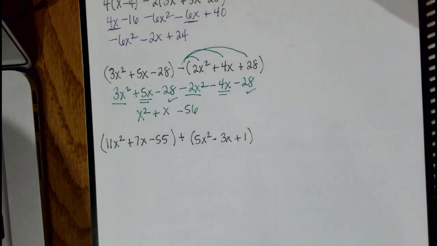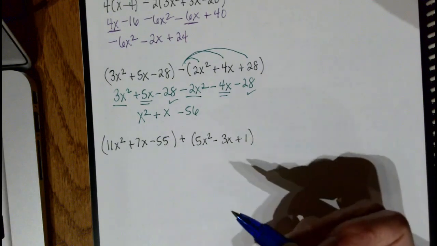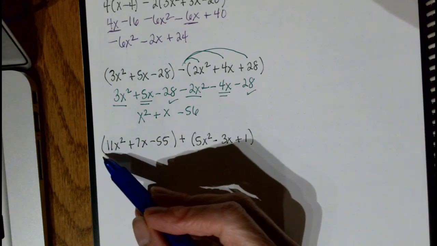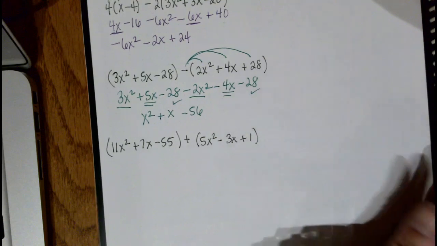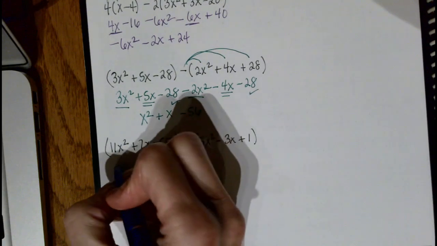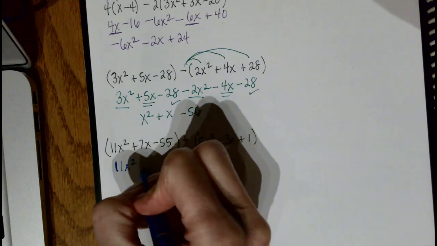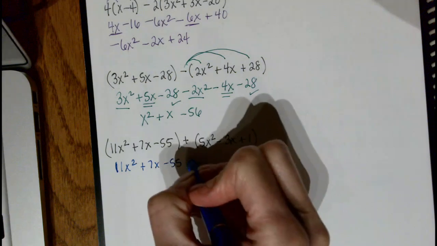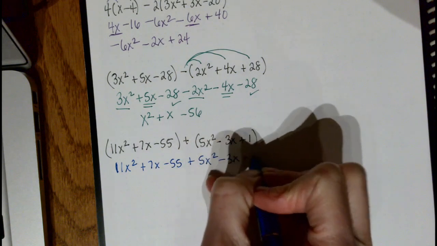But the good news on this next one is that there's nothing in front of this parentheses, and there's a plus in front of this parentheses, so we can simply eliminate the parentheses and combine like terms. We've got 11x squared plus 7x minus 55 plus 5x squared minus 3x plus 1.